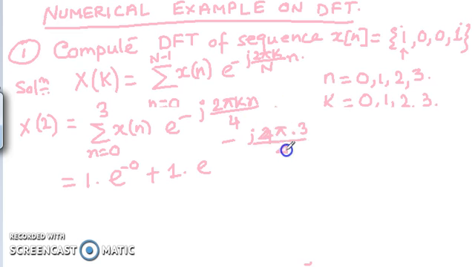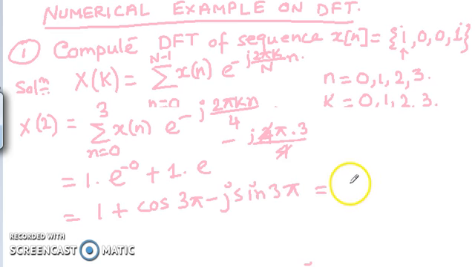So the 4 will cancel, and it will be 3 pi j. So it becomes 1 plus cos of 3 pi minus j sin 3 pi. If we calculate, it will be equal to 1 minus 1.